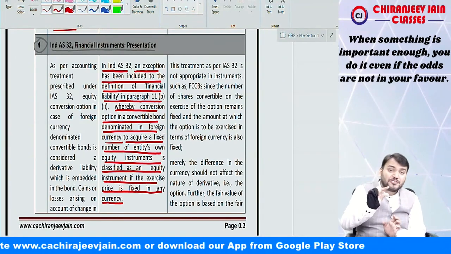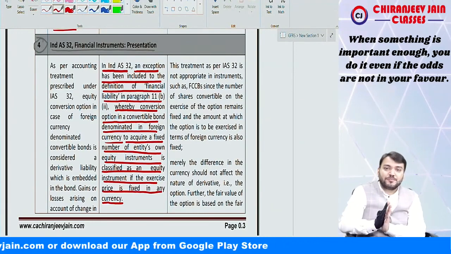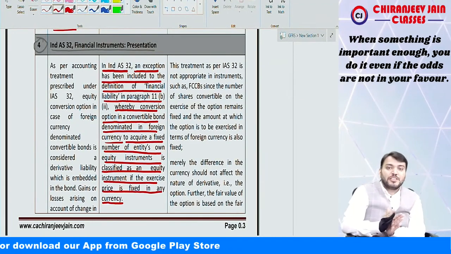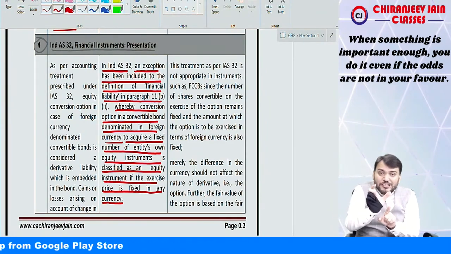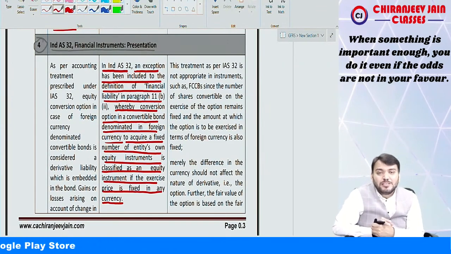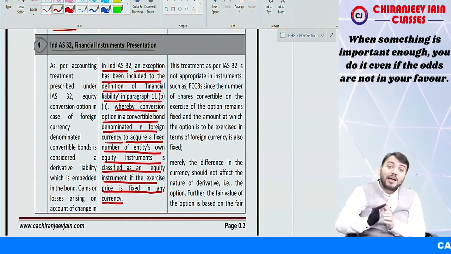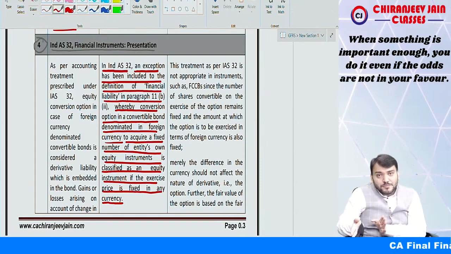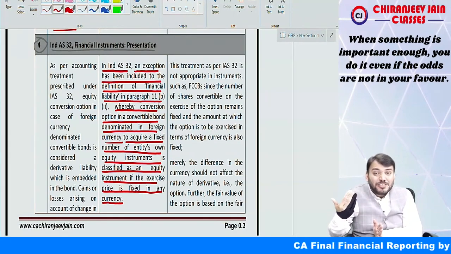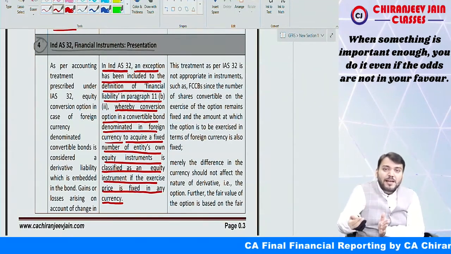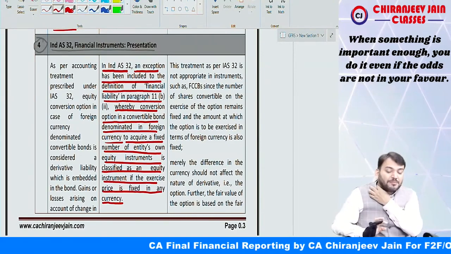Remember the fixed to fixed test: if the consideration is fixed and the number of equity shares is also fixed, then that instrument will be classified as an equity instrument, not a financial liability. And if either the consideration is variable or the number of equity shares is variable, or both, then it will be classified as a financial liability.